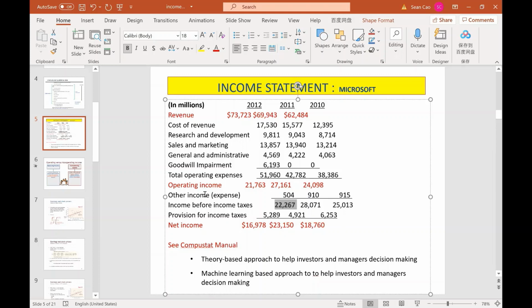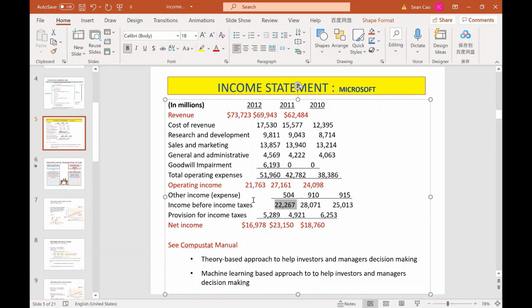Maybe I have some free cash flow. I use the cash flow to invest in stocks. I gain some gains from stock investment. That's my other income. So one thing I want you guys to think about is, holding the income constant, do you want a high proportion of operating income, or a high proportion of other income? Let me rephrase the question.